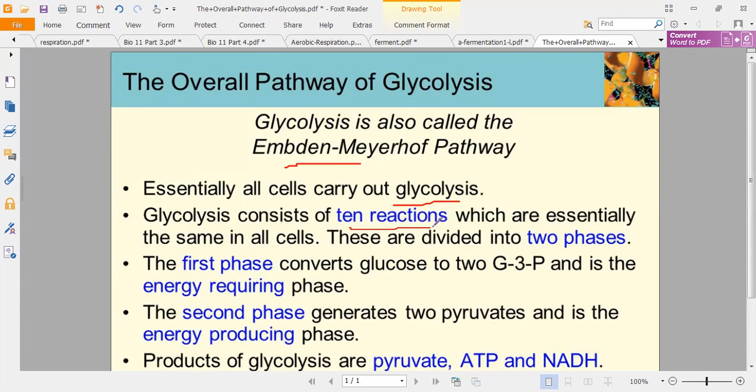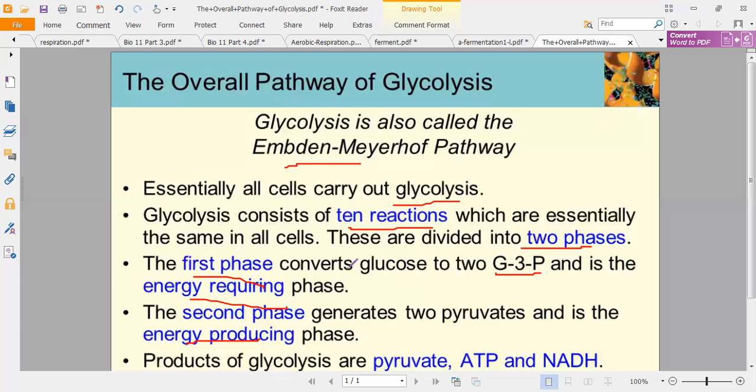Glycolysis consists of 10 reactions which are almost the same in all cells, and these 10 reactions are divided into two phases of five reactions each. The first phase is the energy requiring phase, in which ATP is utilized, and in the second phase ATP is produced. In the first phase, two molecules of G3P are formed.